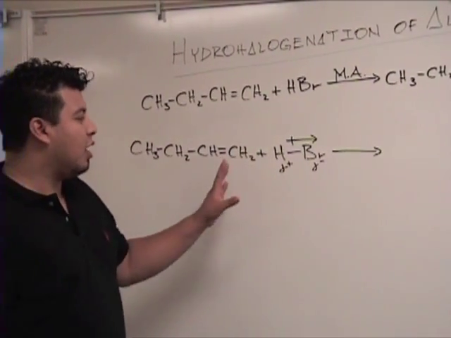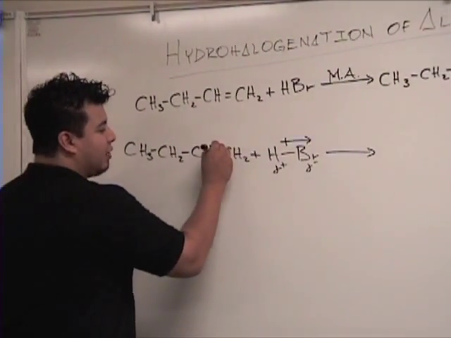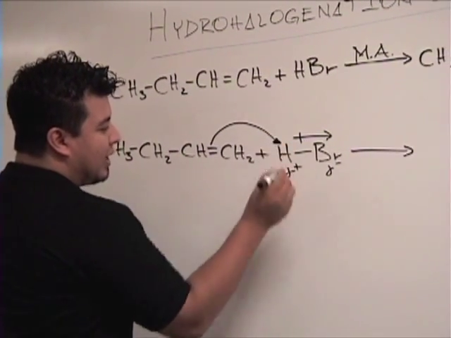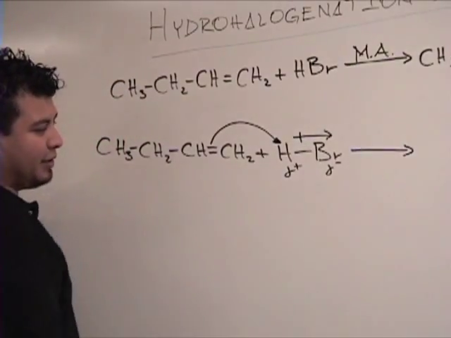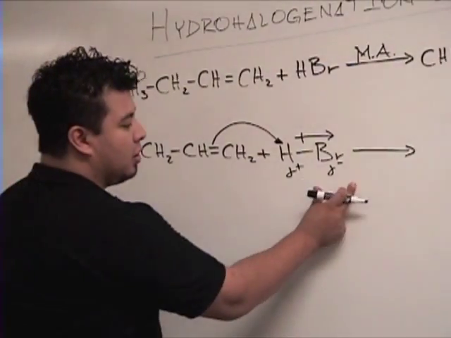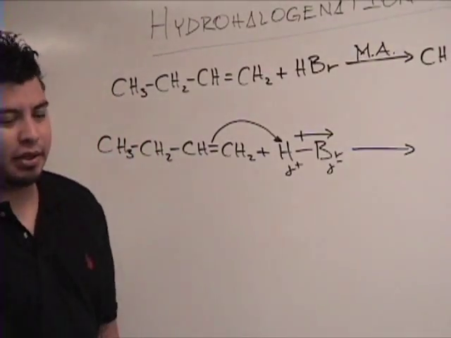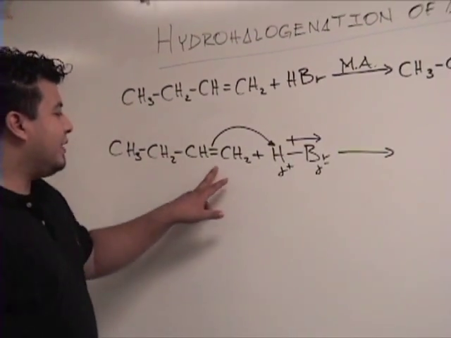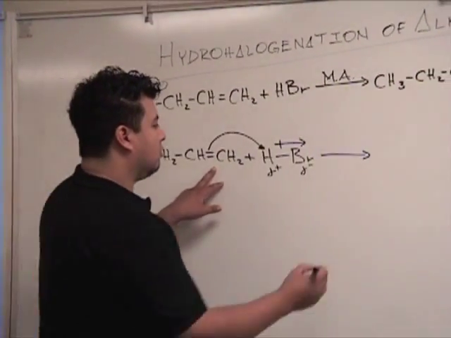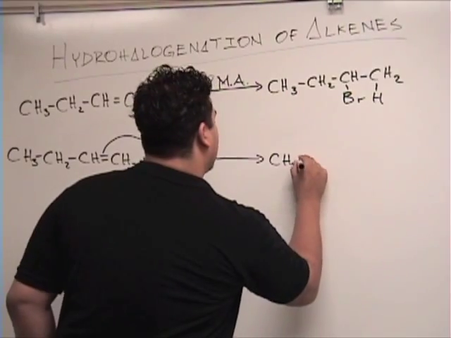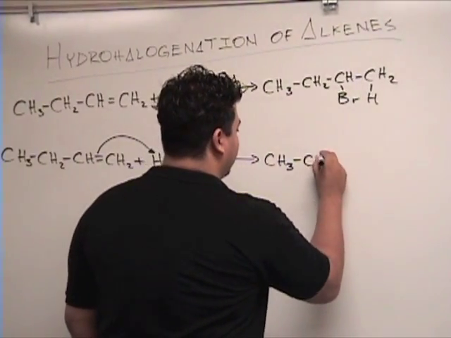I'm just explaining why this bond is going to attack this hydrogen. It's going to attack it because it's a partial positive. It cannot go to the partial negative because it's going to be negative and negative. They repel each other.